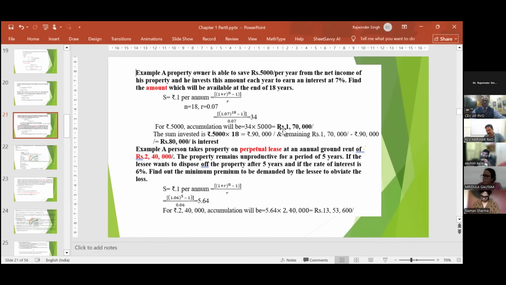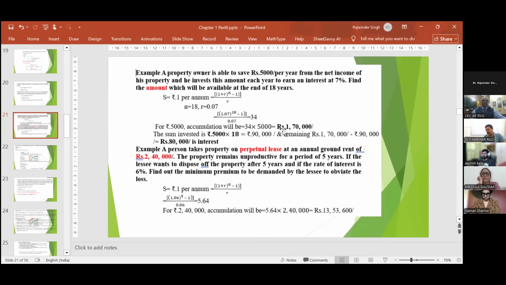FV is equal to PV into 1 plus R raised to power n. If you have to calculate PV, it is FV divided by 1 plus R raised to power n. So let us suppose PV is 1 rupee, then FV will be equal to 1 plus R raised to power n, and PV will be equal to 1 over 1 plus R raised to power n. Means they are reciprocal to each other.